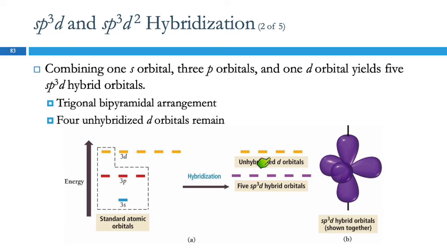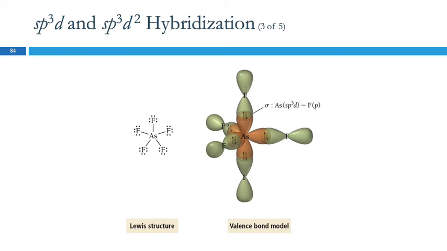There are also these unhybridized d orbitals that are just sitting there. So here we have arsenic pentafluoride. So the arsenic is going to do this sp3d hybridization. Essentially we've got this trigonal bipyramid, and each of these is half-filled, and so it can overlap with a p orbital from a fluorine.